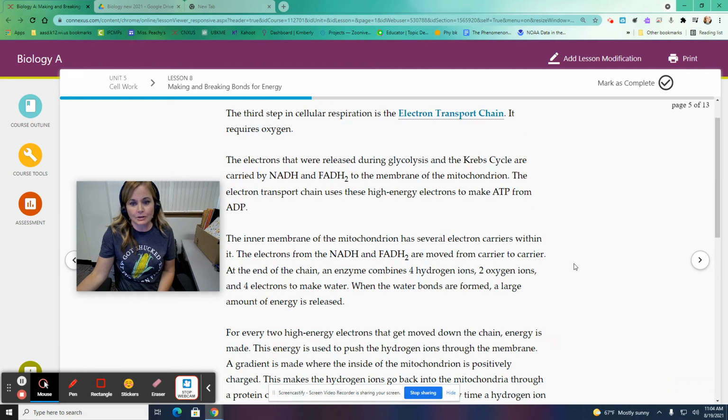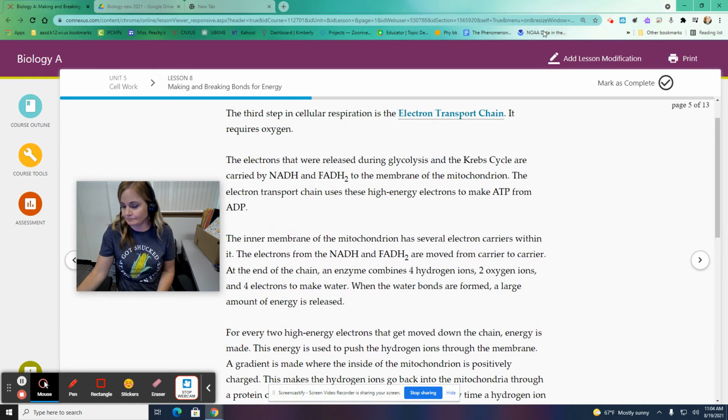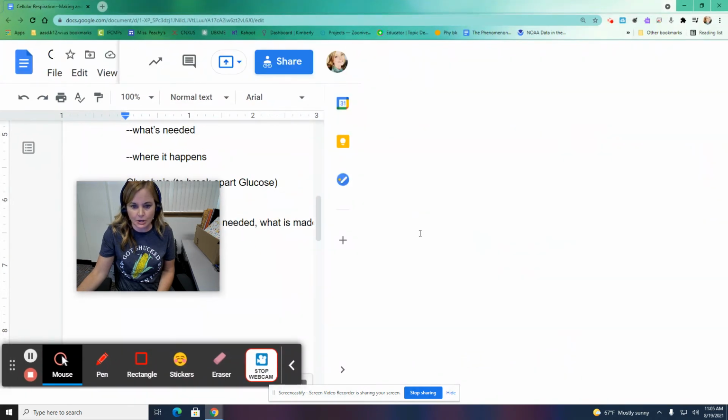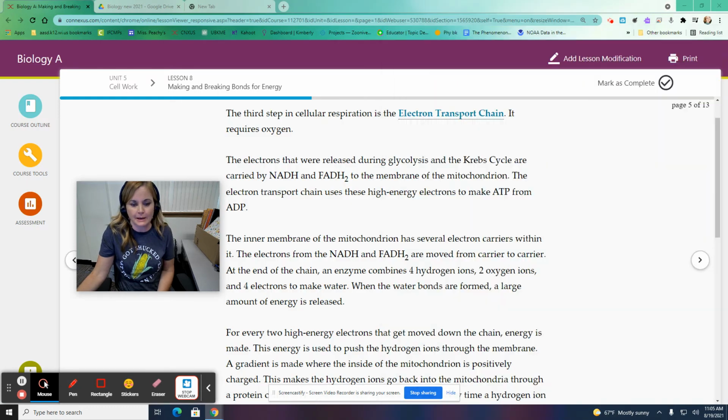And then you have the electron transport chain, and this occurs on the membrane, the inner membrane of the mitochondria. So if I look at this picture, you've got this mitochondrial matrix in here, but you also have this inner membrane right here. So the inner membrane is where we see the electron transport chain happening.